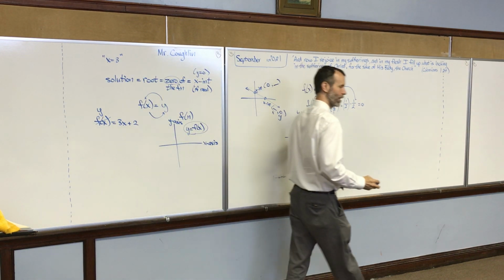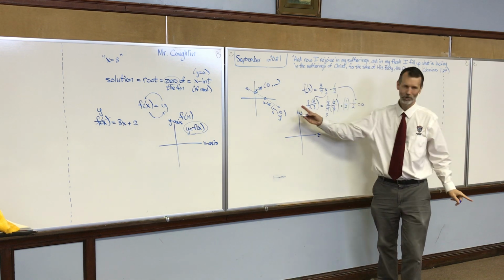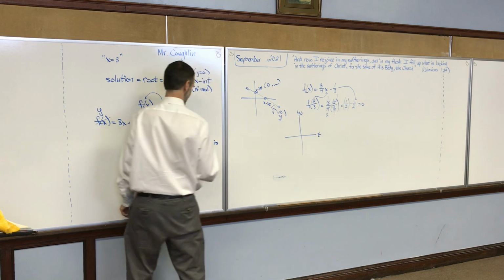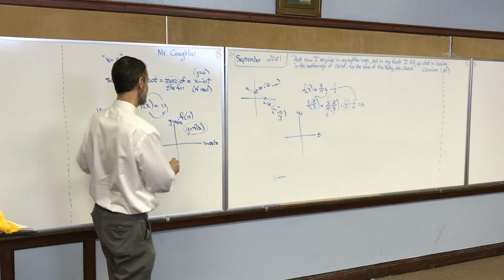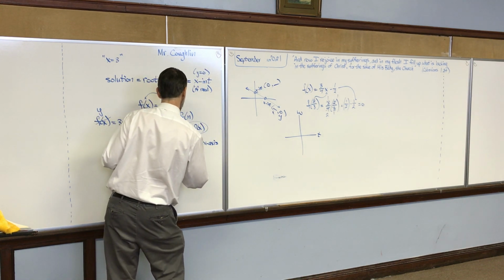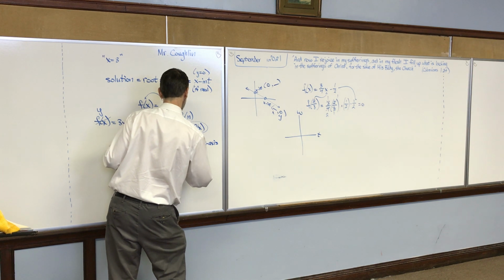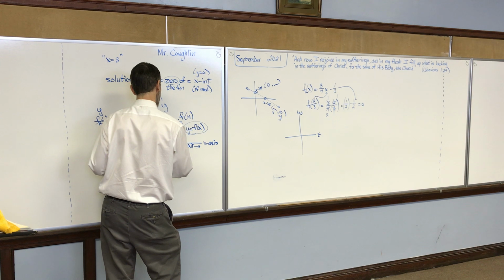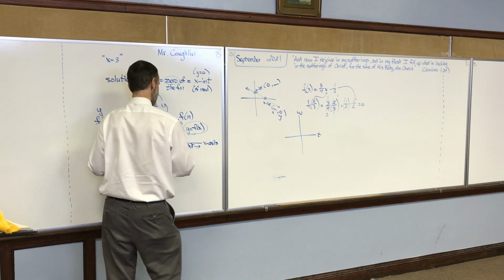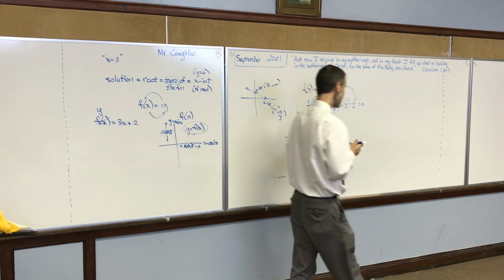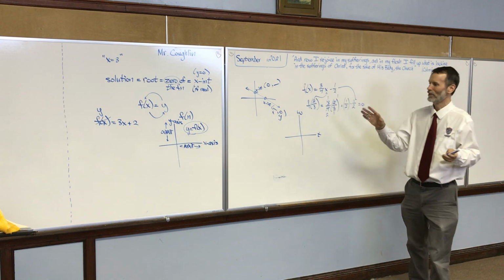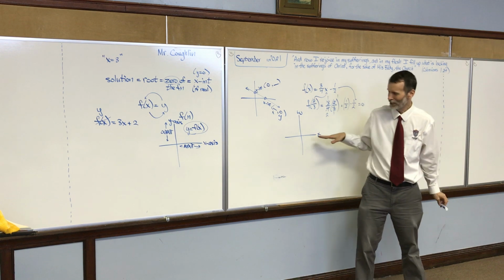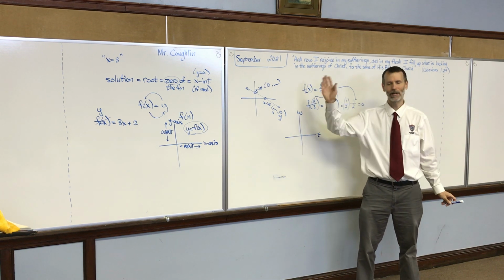Can anybody give me an equation like that using the new letters? I'll give you a hint. This is the input variable. The input axis is always left-right. The output is always up-down. That's never going to change. They can change the letters on you, but they'll never change that. The input axis is left-right, the output axis is up-down.